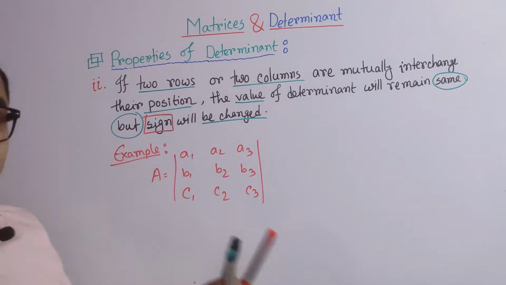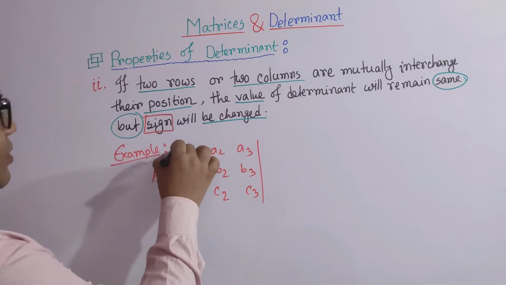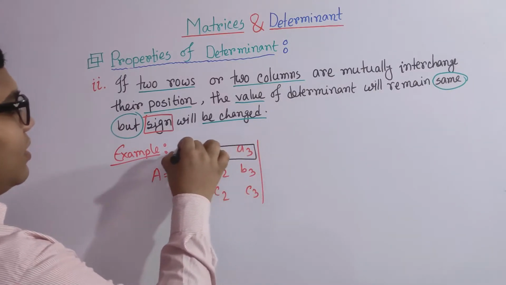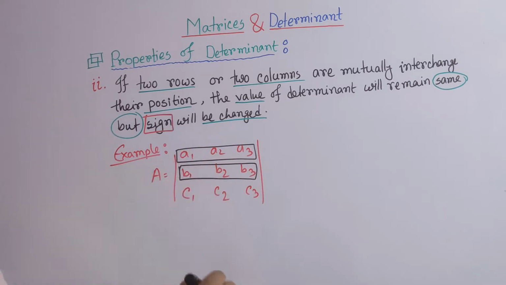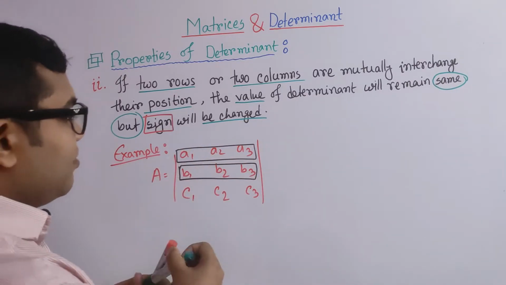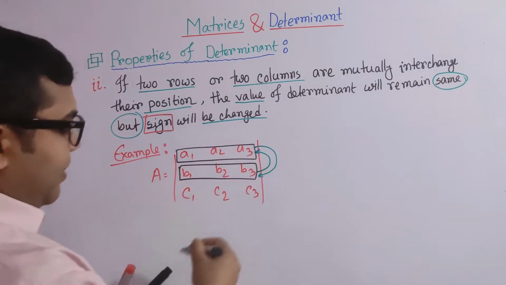If we try to interchange two rows, suppose this is our row number 1 and this is our row number 2, and these two rows are interchanged mutually, then what will happen?